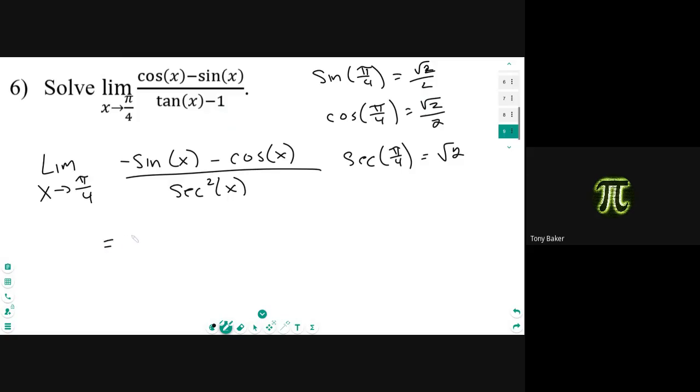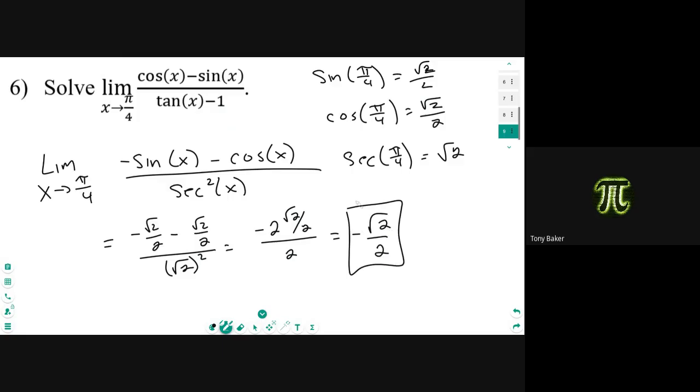So I get negative square root of 2 over 2.